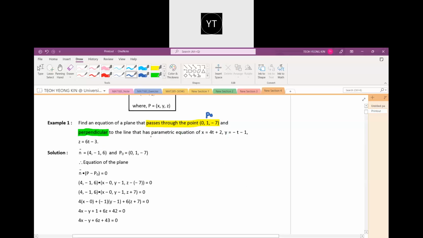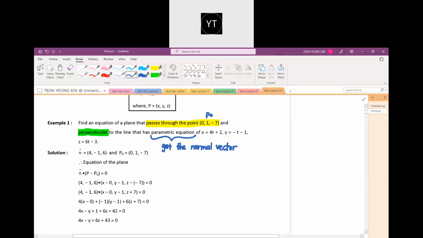So we will get the normal vector from this parametric equation. How are we going to get the normal vector from this parametric equation?